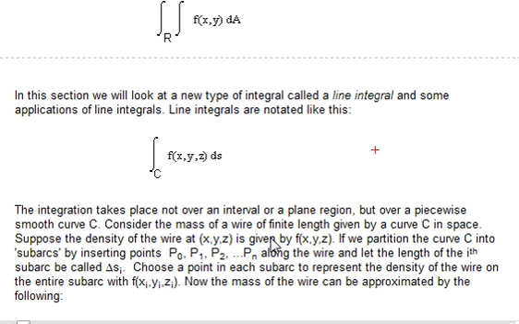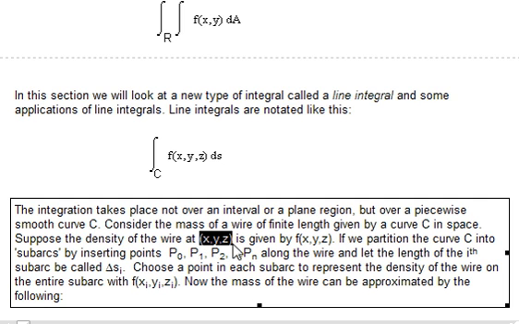Consider the mass of a wire of finite length given by some curve C in space, and suppose the density is not constant, but the density at the point x, y, z is some function of x, y, and z. We partition the curve C into subarcs by inserting P0, P1, all these points that make the curve chopped up into itsy-bitsy pieces along the wire, and we let the length of the ith subarc be called delta S i.